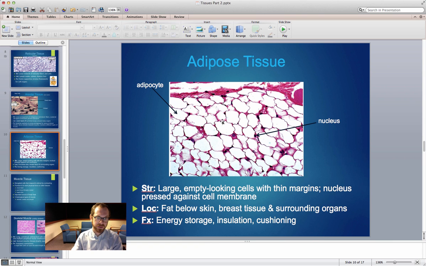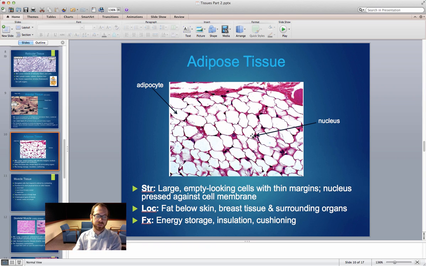And so here we're showing individual cells. These are called adipocytes. And it appears as though they're empty, but they're really filled with fatty tissue. They're filled with adipose. And that's causing the nucleus to get pushed up against the cell membrane. And that's why we've got this nucleus kind of shoved off to the side.